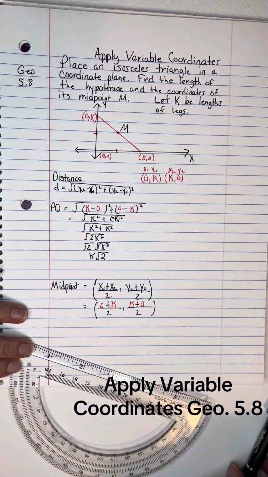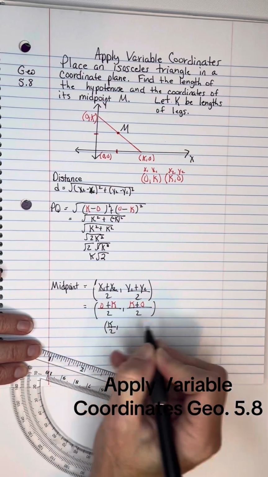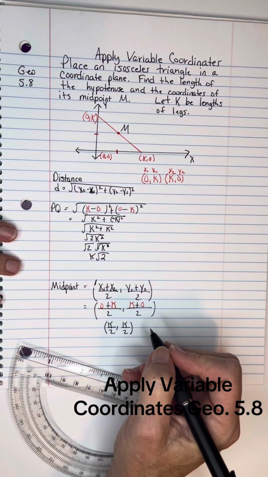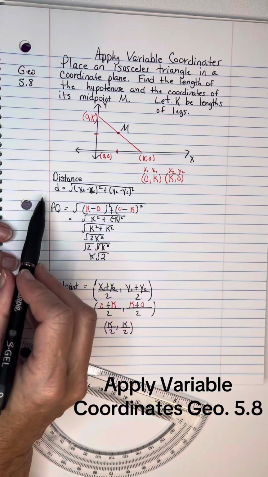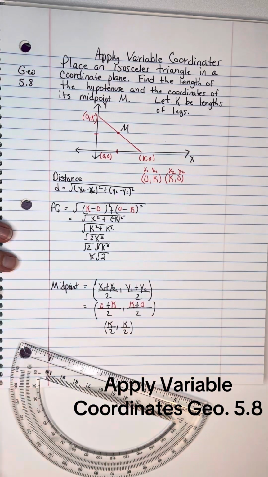So I'm going to end up with K divided by 2 and another K divided by 2. So the midpoint is this answer. The length of my hypotenuse is K root 2.